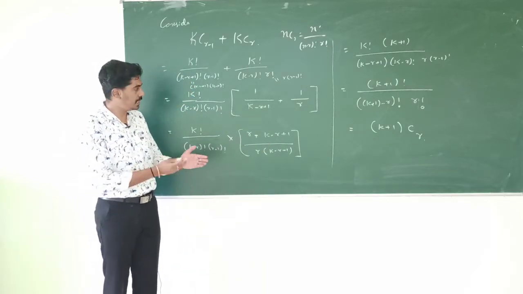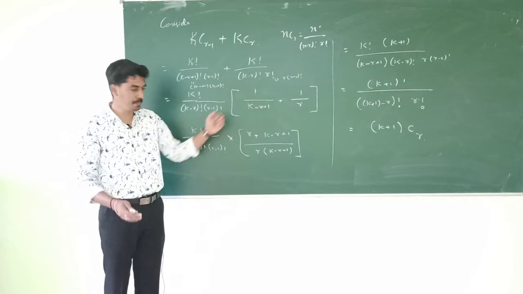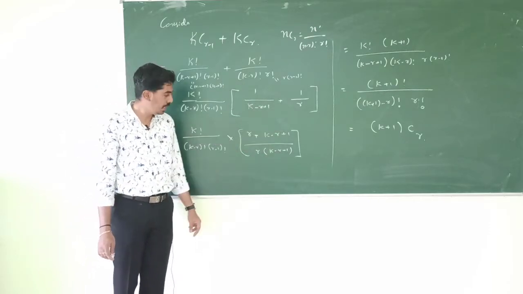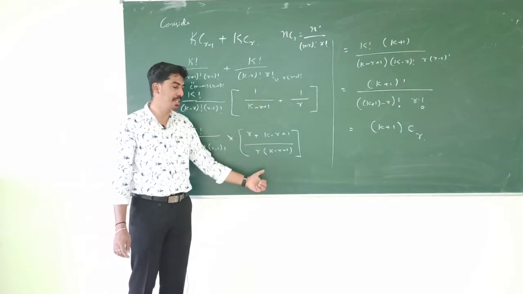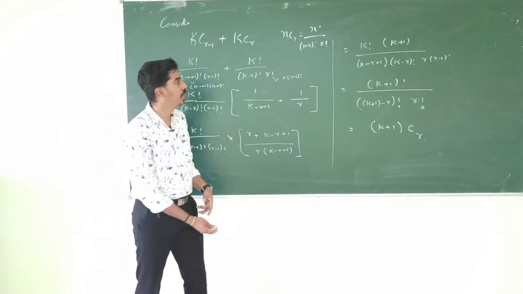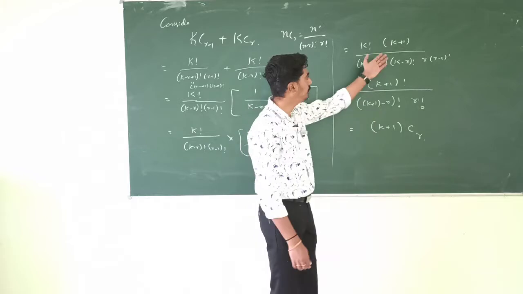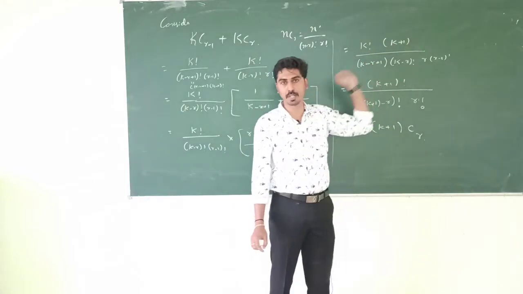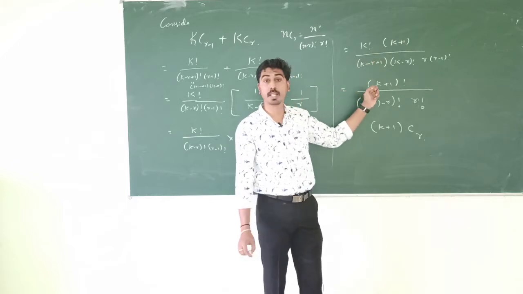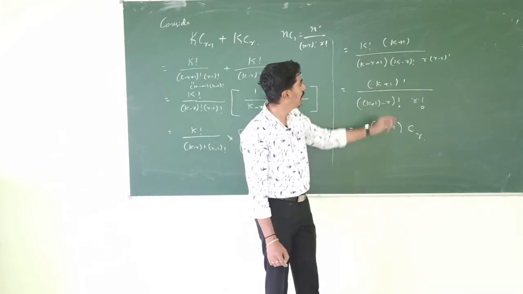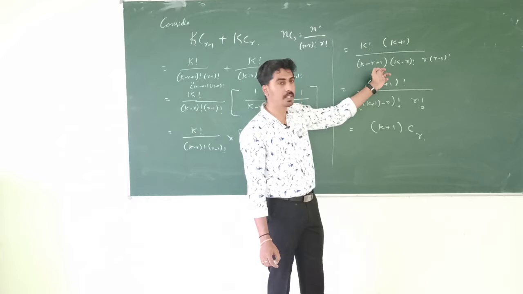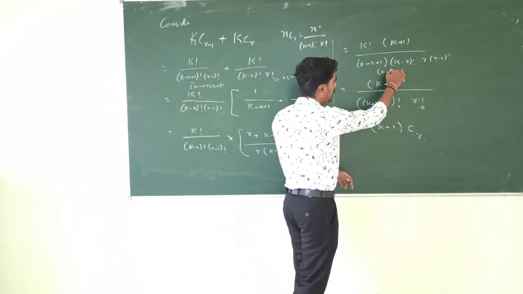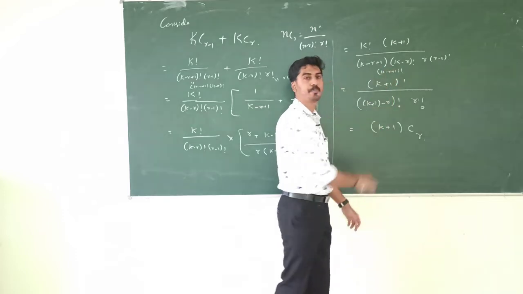Now if you take LCM and simplify this term, I get in the numerator r plus k minus r plus 1, divided by r into k minus r plus 1. Next, simplifying this, I get k factorial into k plus 1, which is nothing but k plus 1 factorial, and k minus r plus 1 into k minus r factorial is k minus r plus 1 factorial.